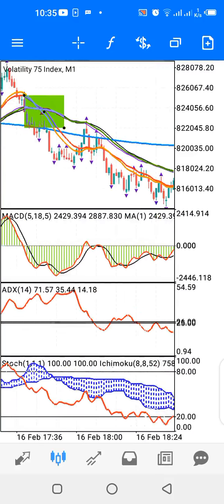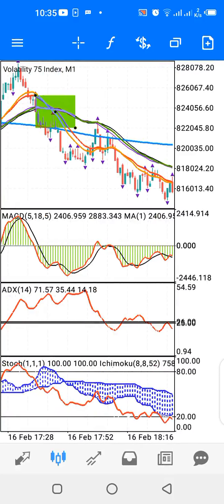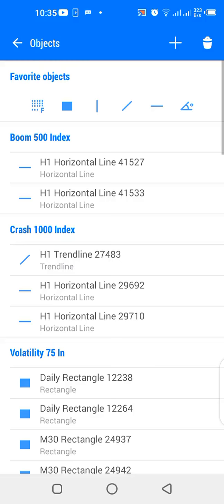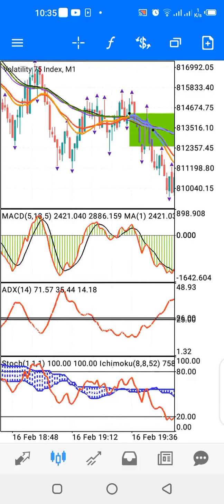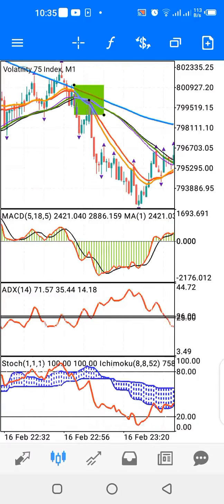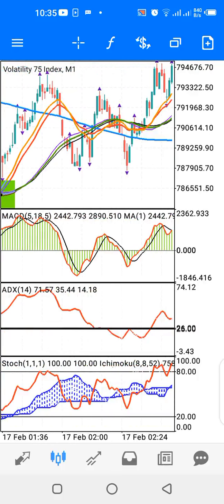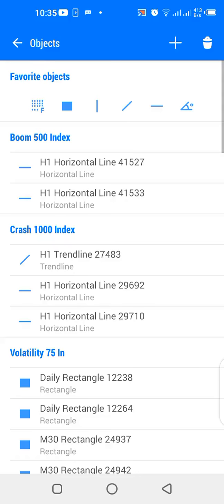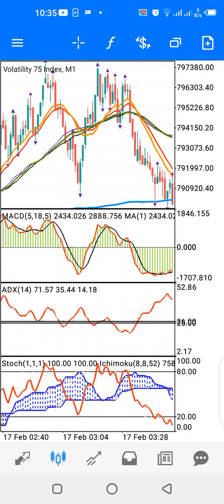Okay. So for the trend change, this is a change to bearish trend. When all lines cross below the blue line, you have a change to bearish. Okay, we're still in a bearish. When all lines cross above, like you have a cross above here, it's changed to bullish trend.